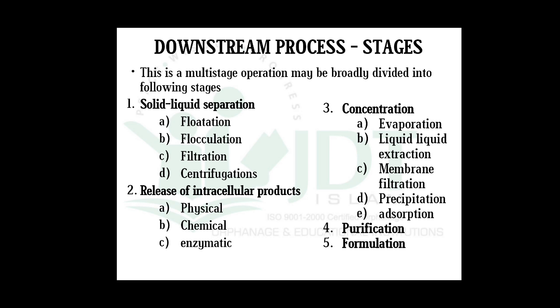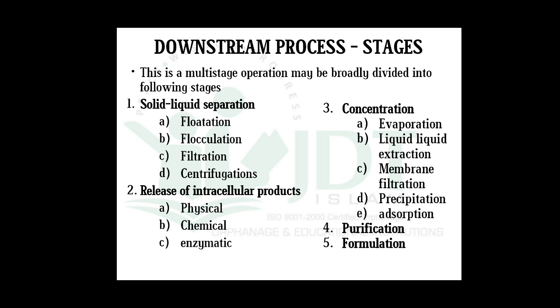Now coming to the different stages of downstream process. Downstream process consists mainly of 5 steps. First one is solid liquid separation, in which we have to separate the solid metabolites from the liquid culture media.